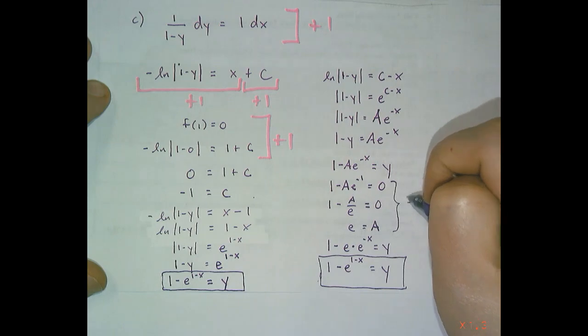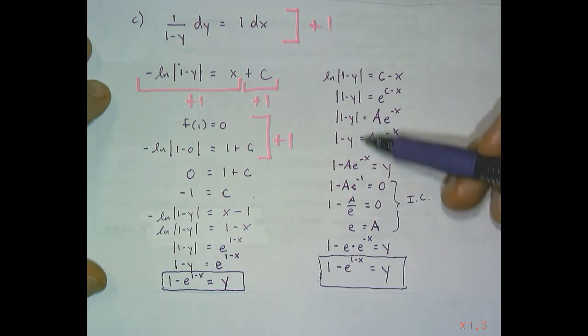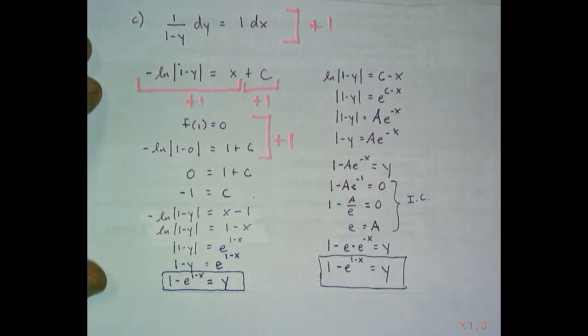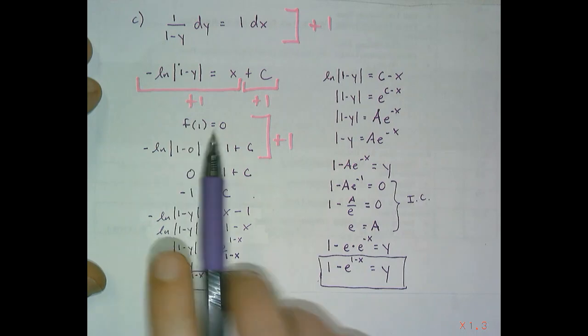So this is another approach similar to this one, but slightly different. And you can see both of them arrived at the same answer. This is the particular solution given the initial condition f of 1 equals 0.